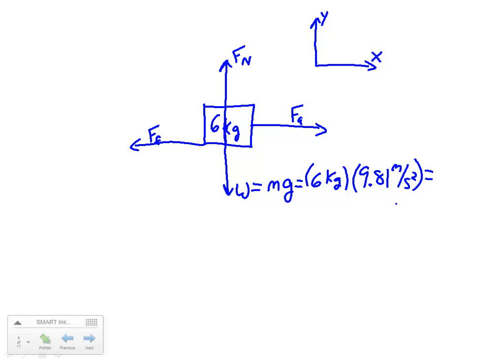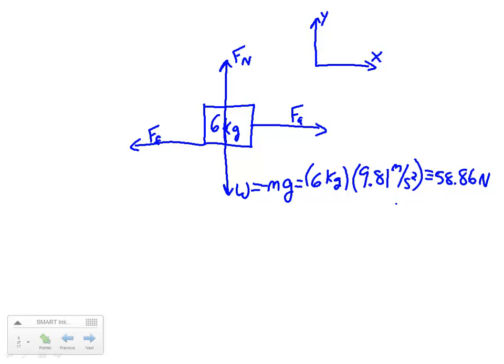When I multiply that, I get 58.86 newtons. Now, if the normal force is what's acting in the positive direction, I've got to make this whole thing negative. So there's one of my forces right there.